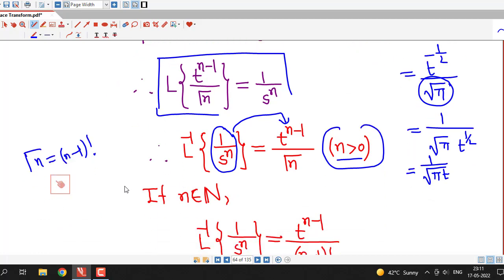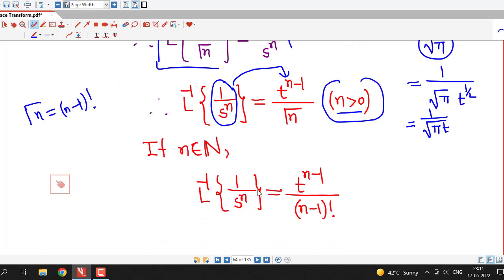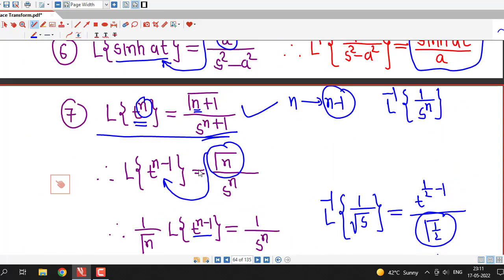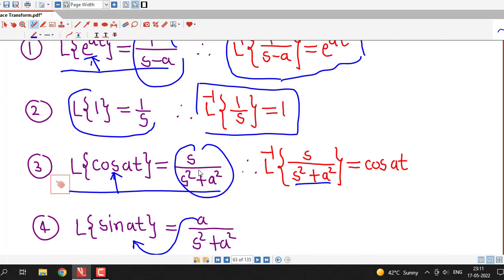So if n belongs to natural numbers, then L inverse of 1 over s raised to n will be equal to t raised to n minus 1 as it is, but gamma n will be equal to n minus 1 factorial. So these are the formulas for inverse Laplace transform.